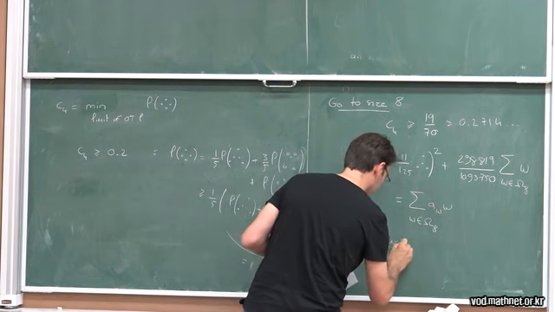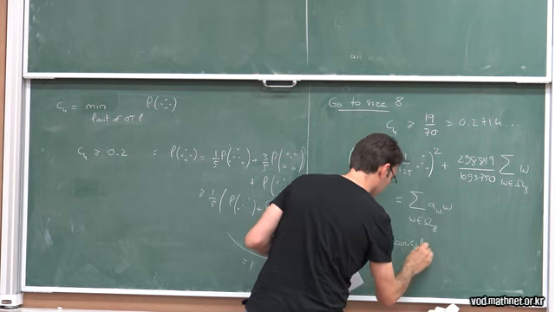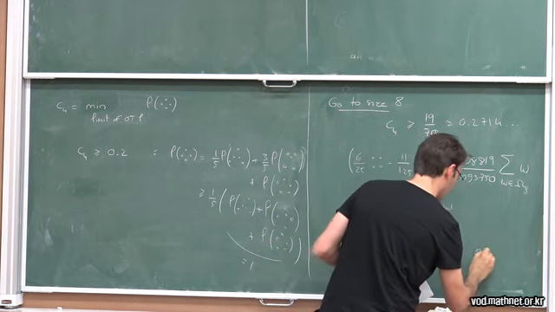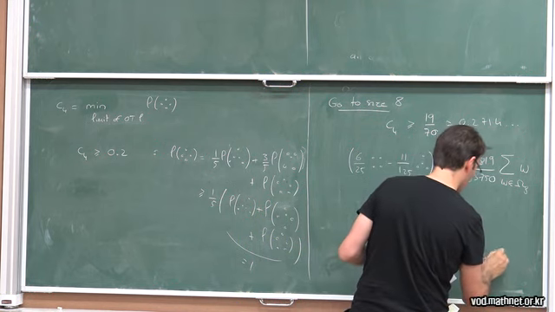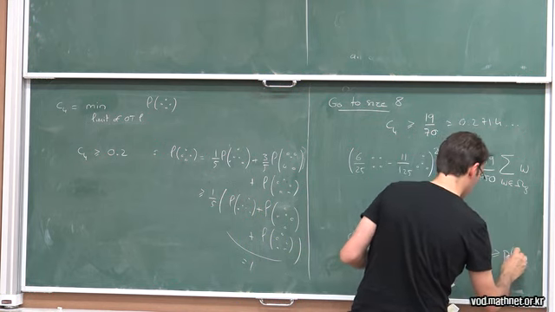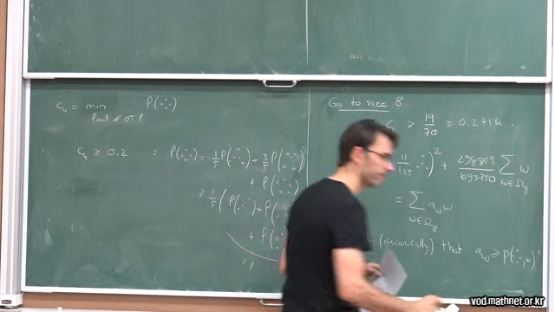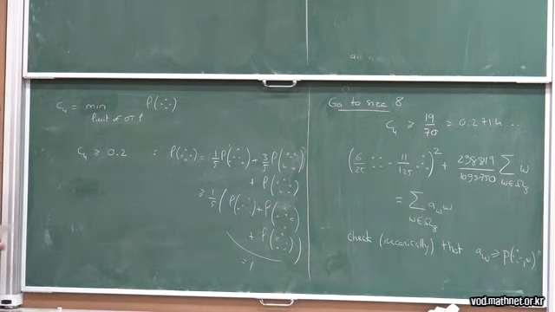And you check mechanically that A omega is always larger than P of this in omega. Okay?